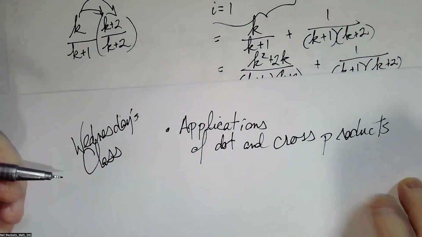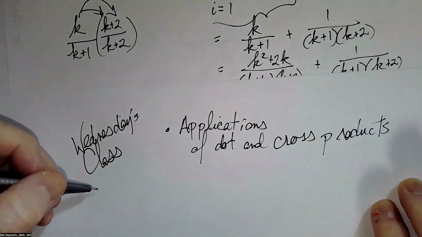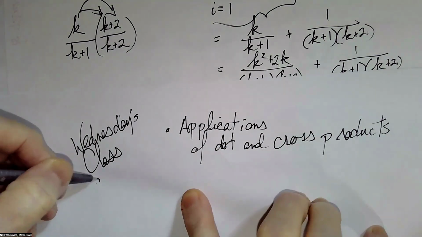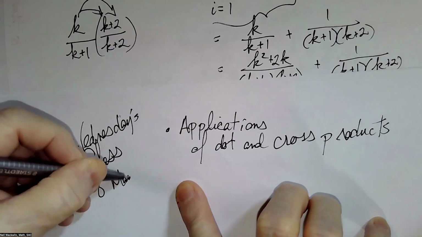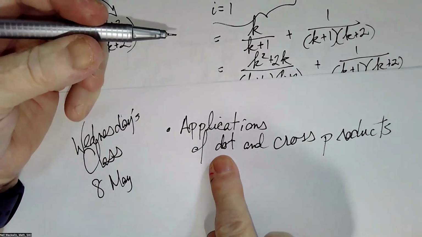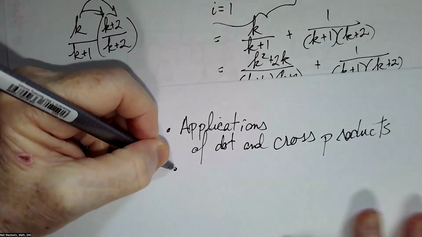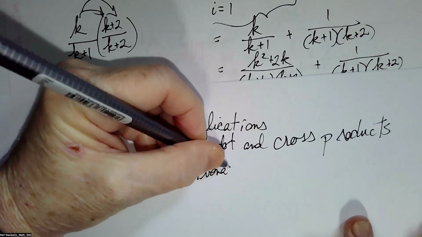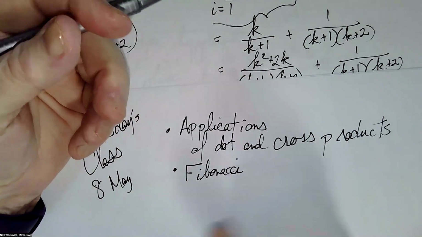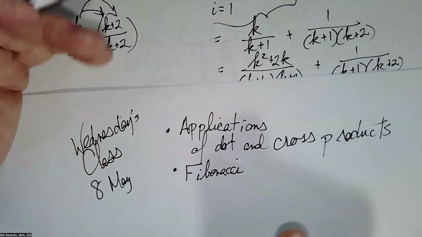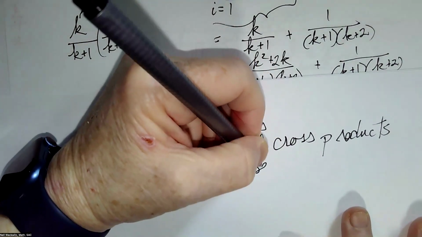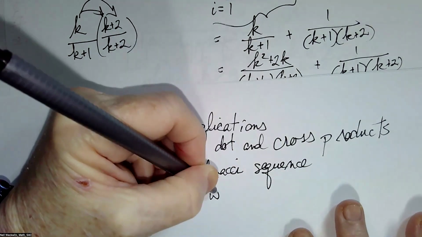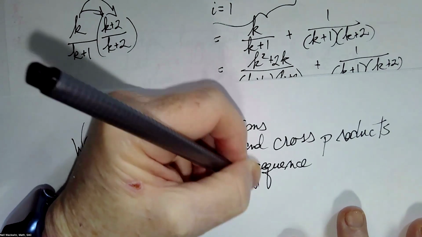Today is the 6th, so this is the 8th now. We're going to look at applications of dot and cross products. We're going to look at the Fibonacci sequence with mathematical induction.